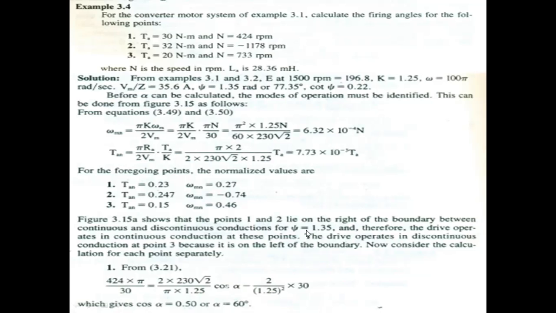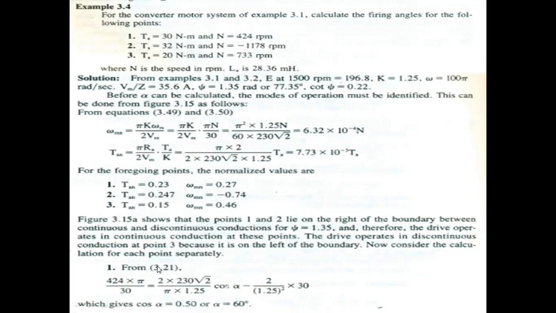For psi value of 1.35, see here, 1.35, if you consider the mode of operation, it will be continuous at these points. And at point 3, the third bit, you will see that the drive operates in discontinuous conduction. It is on the left hand side of the boundary. So now we will consider each point and substitute.